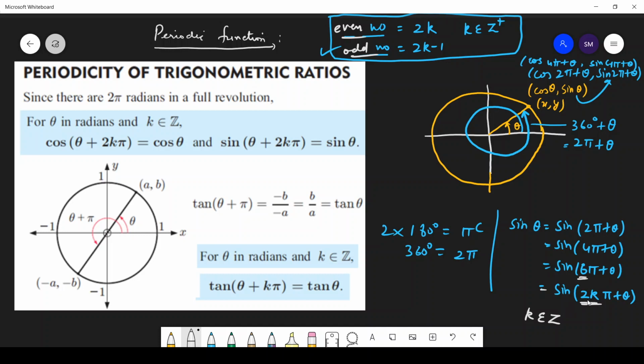So k belongs to integers. So you have seen that sine 2 pi k plus theta equals sine theta, right? And the same for the cos also.